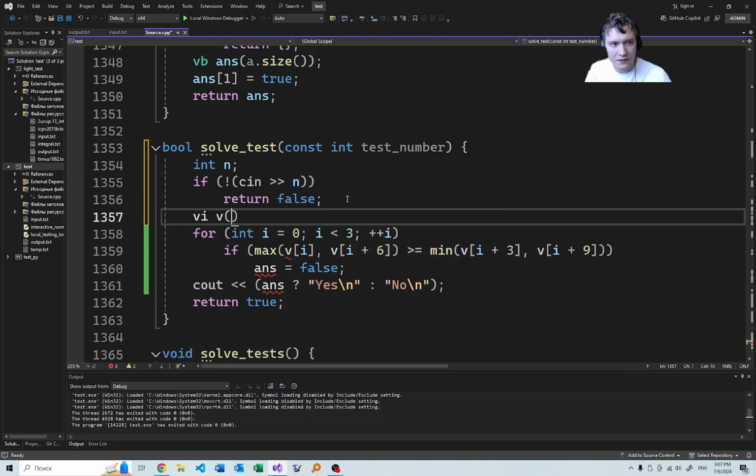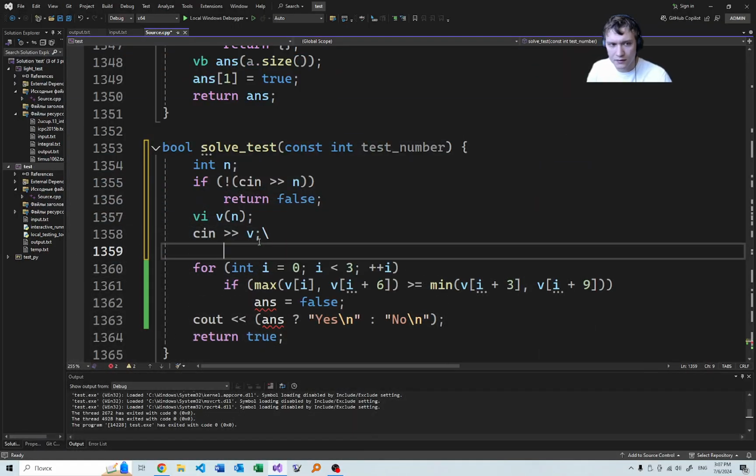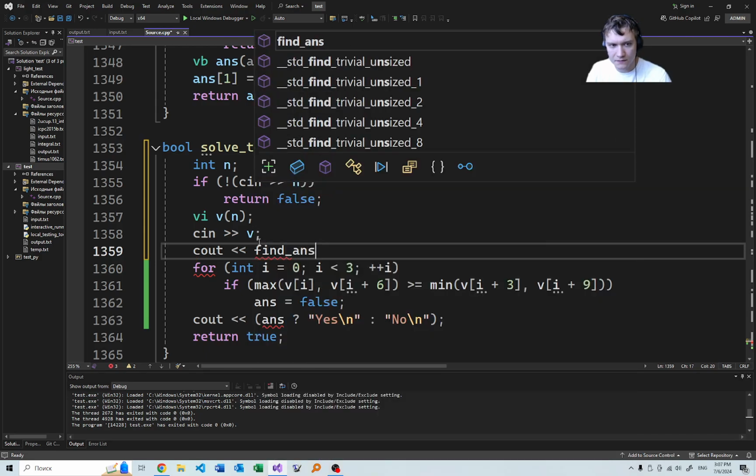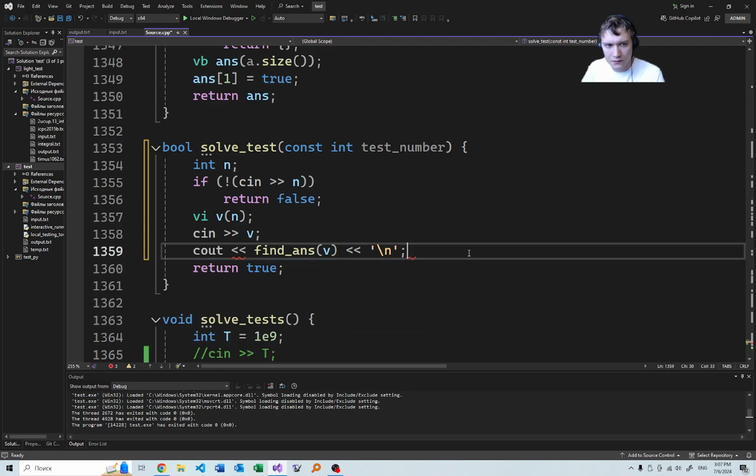So read V, and print the answer of V. Good.